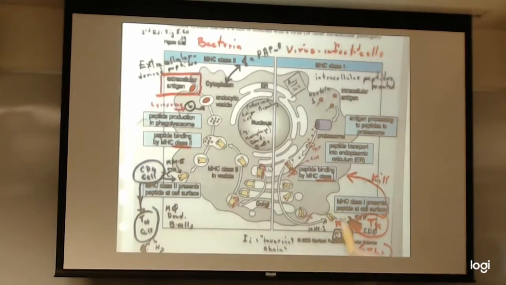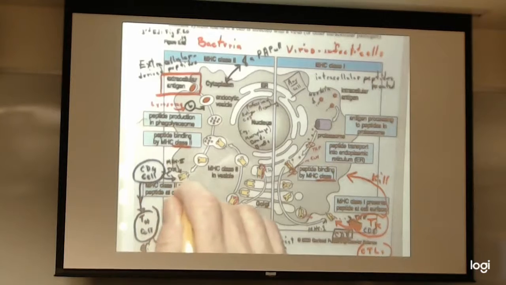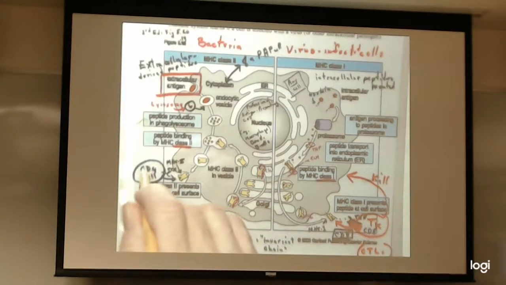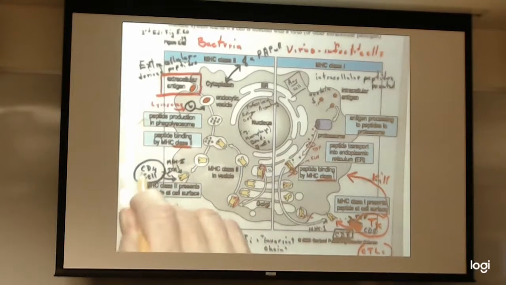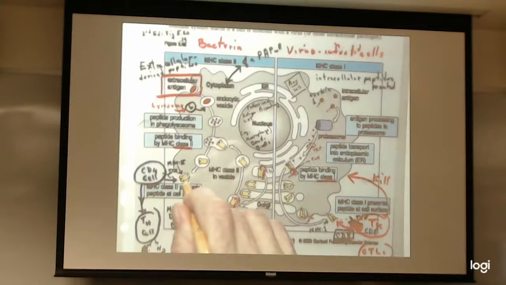And while CD8 expressing proteins can bind class 1 MHC peptide complexes, CD8 proteins cannot bind class 2 molecules. The CD4 T cells, their T cell receptor can bind a class 2 molecule with its foreign peptide.